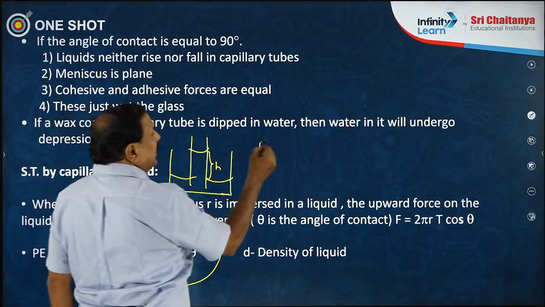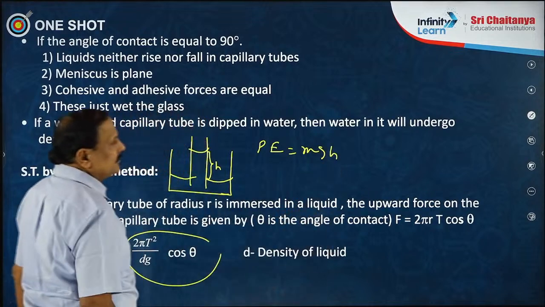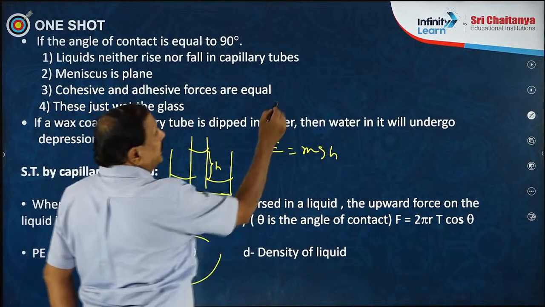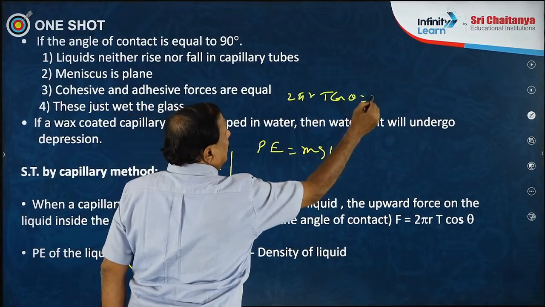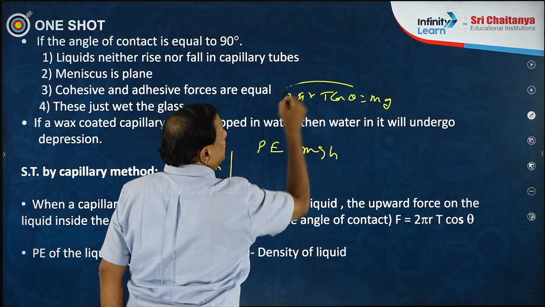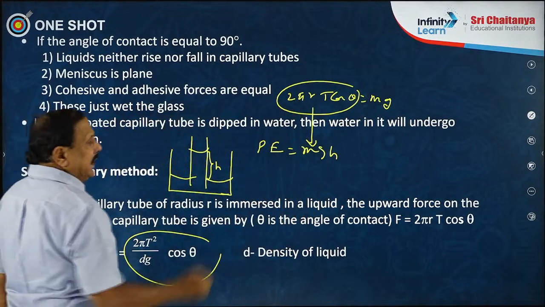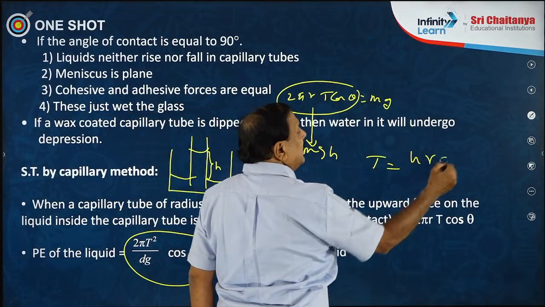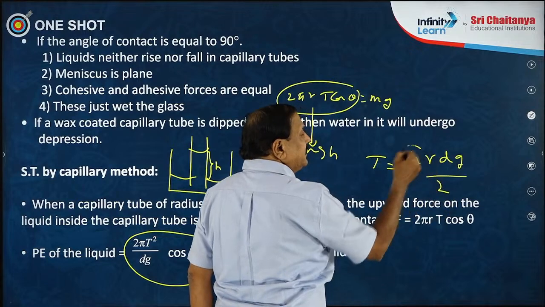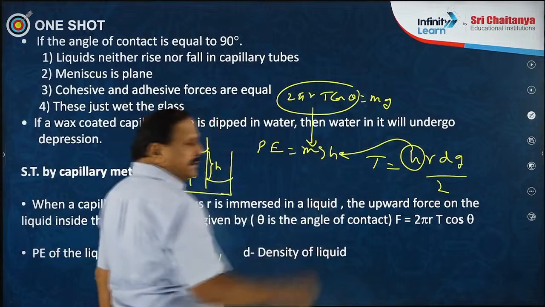We know that potential energy is equal to mgh. In that mg, 2 pi r into T cos theta is equal to mg. So first substitute this in place of mg. Next, take the formula for surface tension, T is equal to h r d g by 2, and from this h is calculated and substituted here.